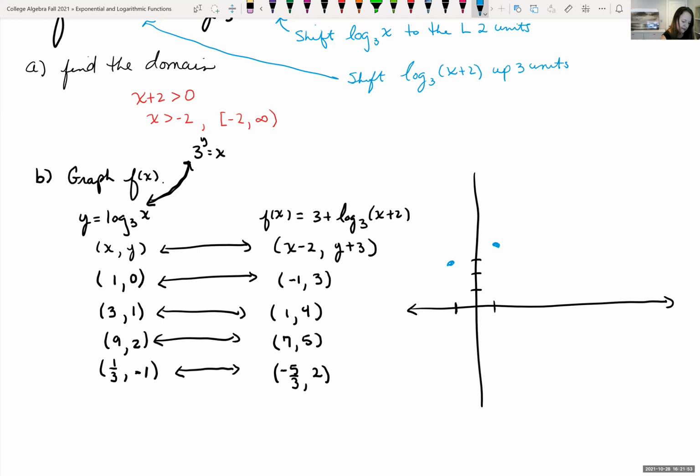When x is 7, we have 5. And negative 5/3, that is negative 1 2/3, we have y is 2.